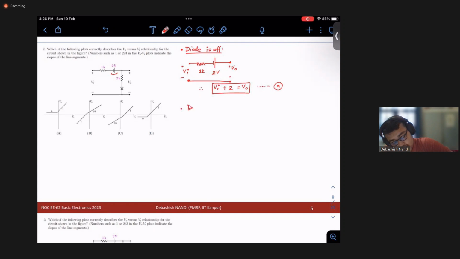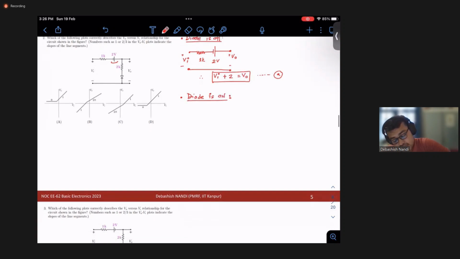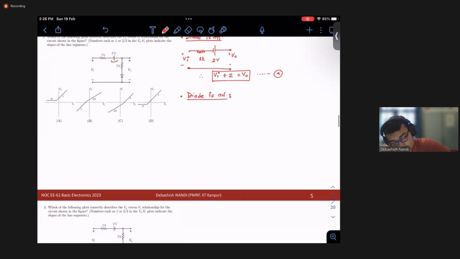Then let's check when the diode will be on. The condition for this, similarly, is that VD has to be greater than 0.7 volt. Current has to flow in this direction, so the potential drop across this 2 kilo ohm will be positive. That means we can say V0 should be greater than 0.7 volt.